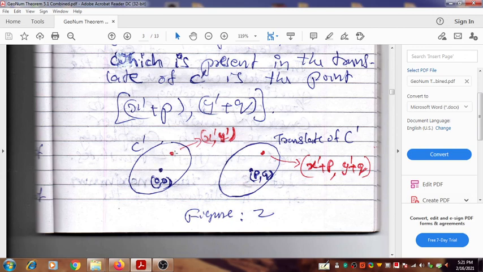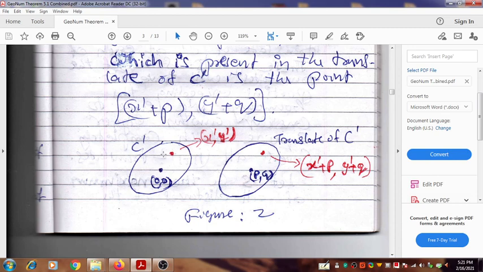We consider some point x prime y prime belonging to the M set C prime, and then we take this M set to a new place, centered at PQ, which is a lattice point. Corresponding to this translation, we have a corresponding point in the new translate of C prime.